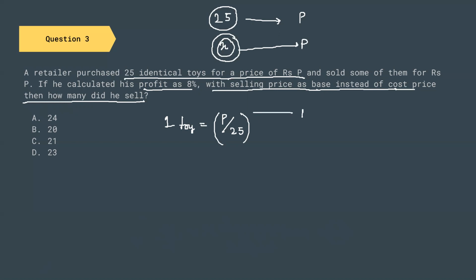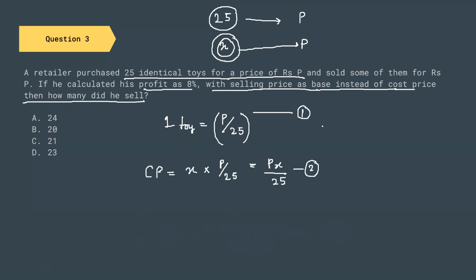Let it be your first equation. So now he has sold X number of toys. So the total CP will be X number of toys times the cost of each toy, P by 25. So the total CP of X toys will be Px by 25. This is your equation number 2.